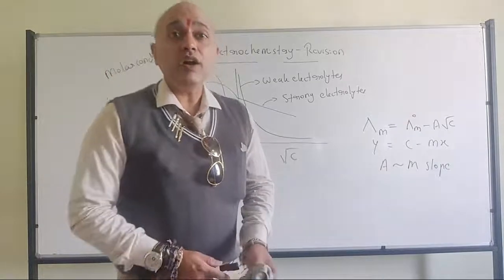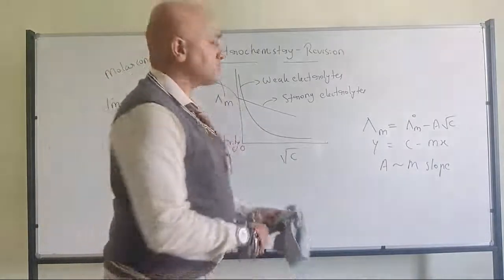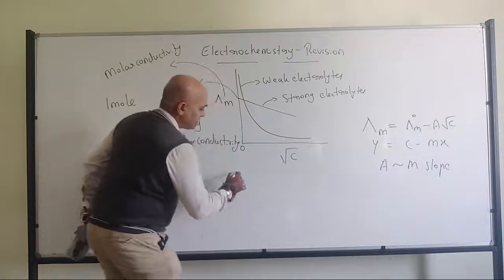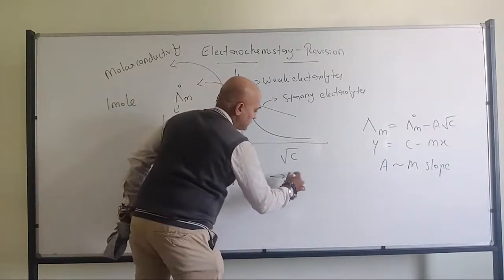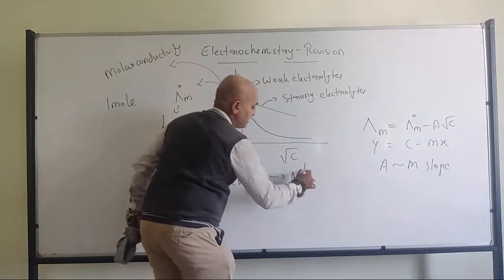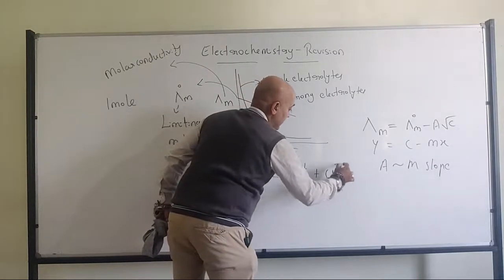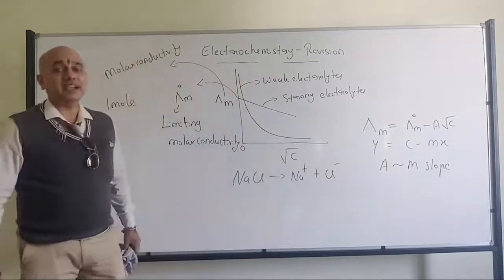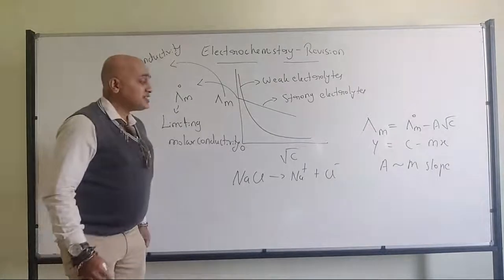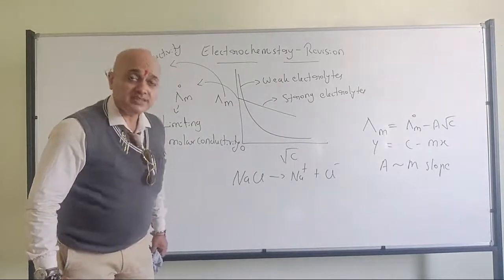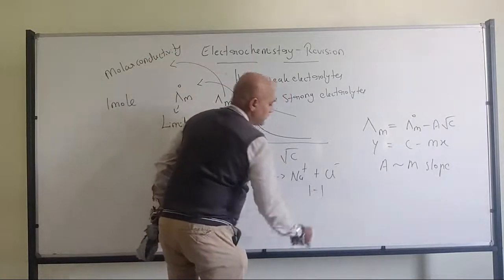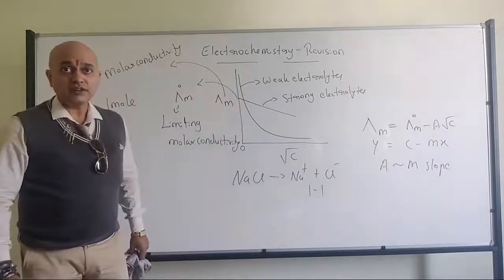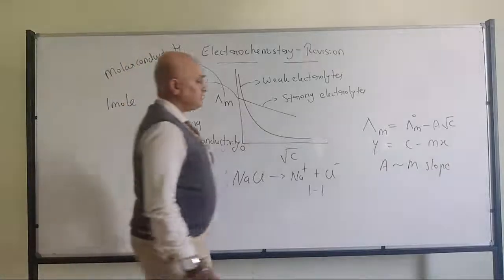Now, depending on the type of salt, NaCl can be dissociated into Na plus and Cl minus, where each ion has one positive or one negative charge. So I will call it 1-to-1 type.